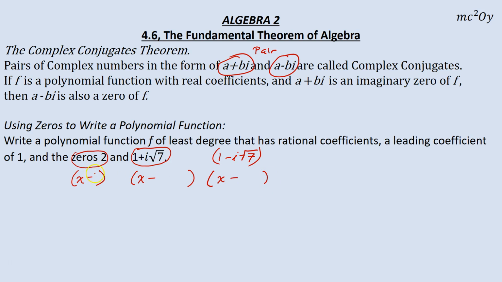So this is saying x minus 2. This is saying x minus, and I have to put parentheses because I have two terms, 1 plus i root 7, and x minus 1 minus i root 7.